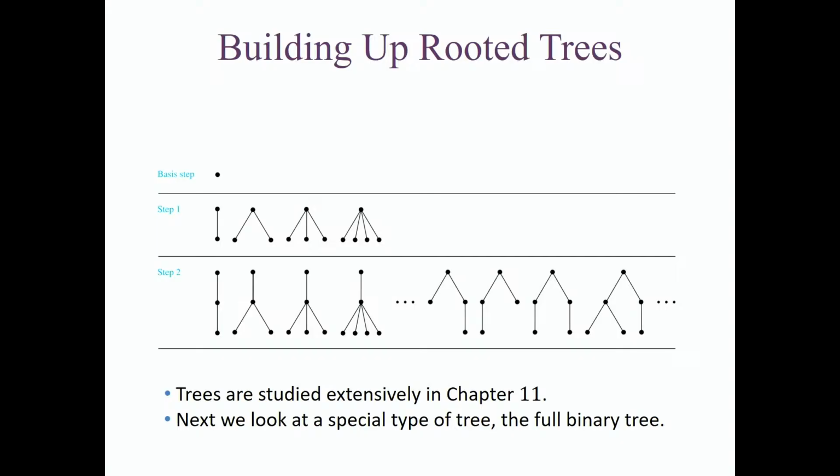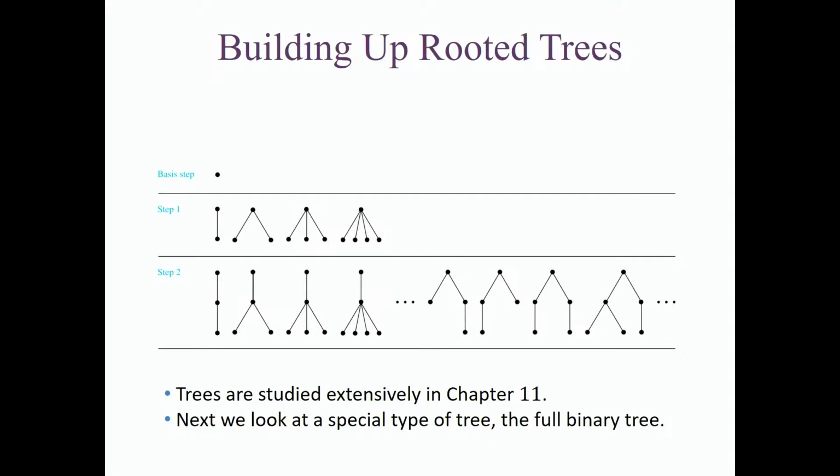Okay, so in this case, you can see we have one rooted tree in the basis step. We have 4 different trees in step 1. For step 2, we can compose all these rooted trees to create new trees. Okay, so you can see that this rooted tree is from step 1.